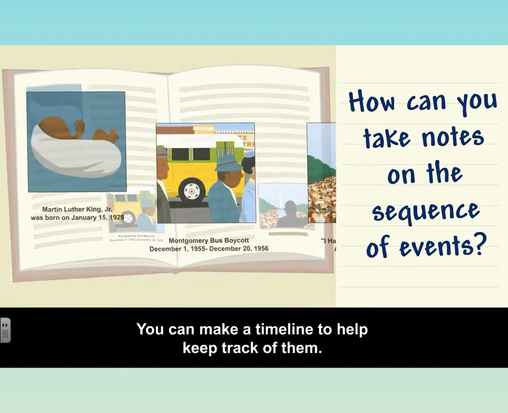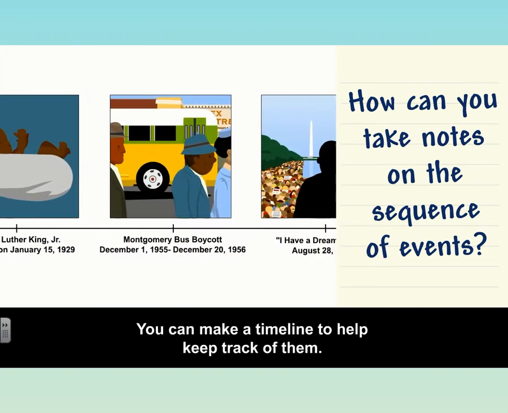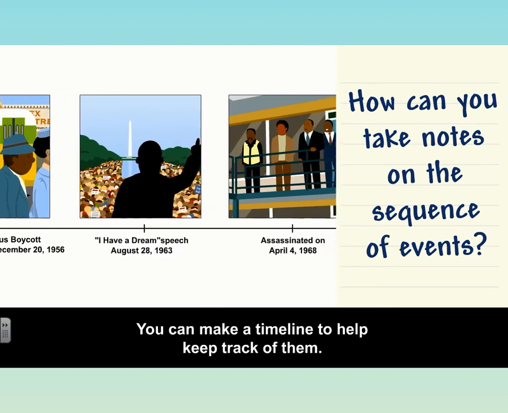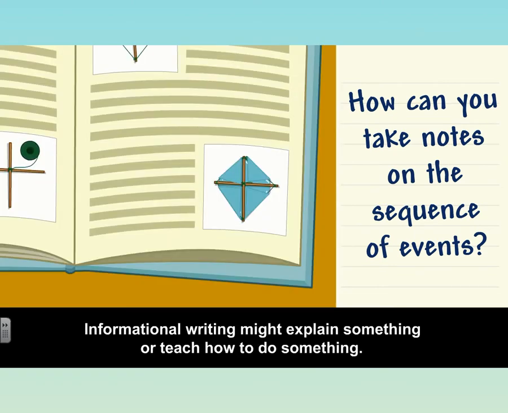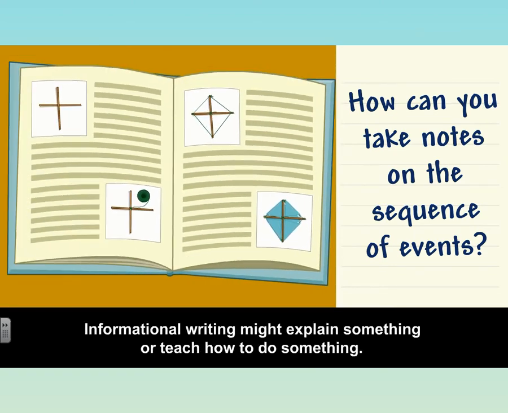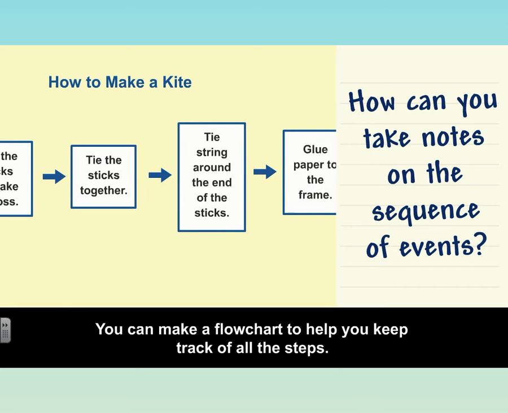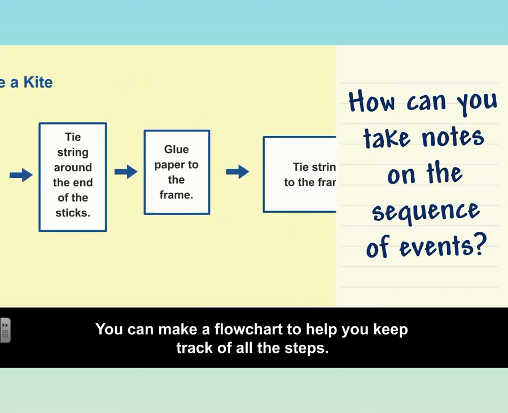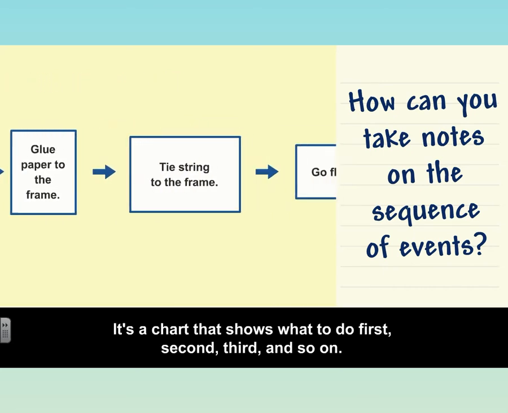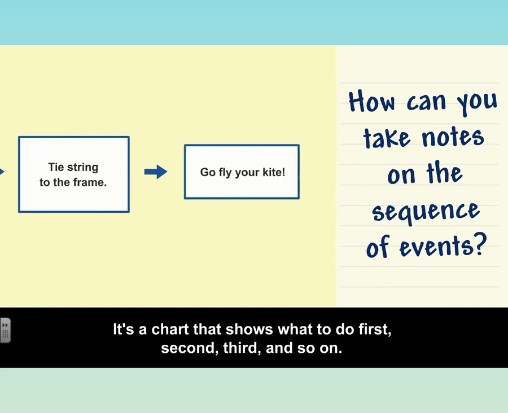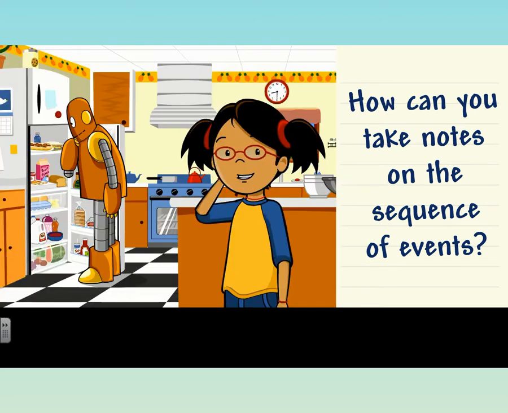You can make a timeline to help keep track of them. Informational writing might explain something or teach how to do something. You can make a flow chart to help you keep track of all the steps. It's a chart that shows what to do first, second, third, and so on.